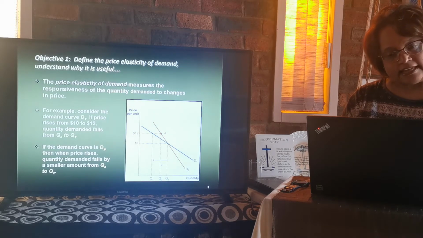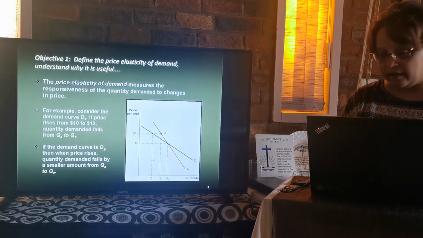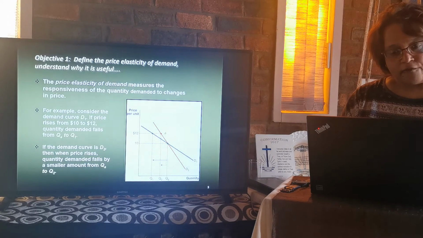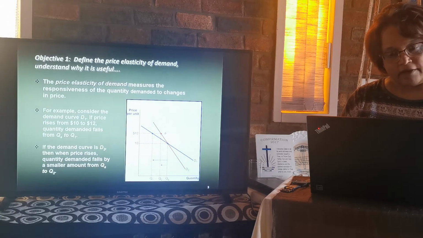If you look at the second demand curve, the red one, at a price of 10 it will also have QA, but as the price increases, at that little point there, QA will drop to Q2.